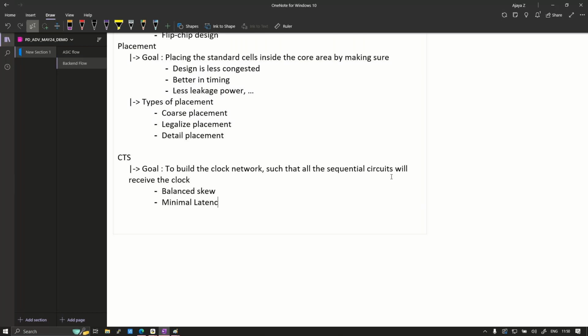We will discuss that. Okay, so this is what we are going to follow. While building that clock network, how that clock network is developed and what the procedure is, all that we will discuss during the practical sessions.